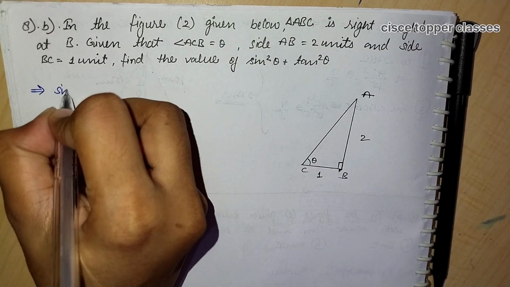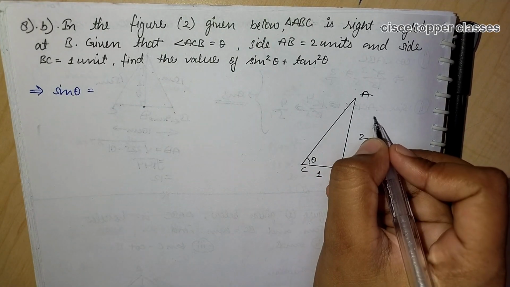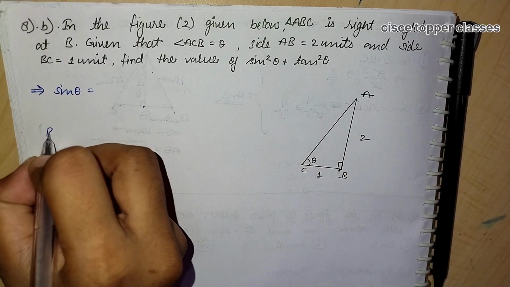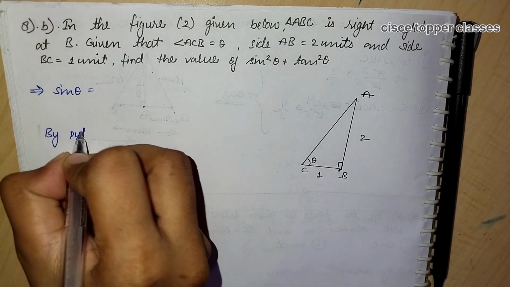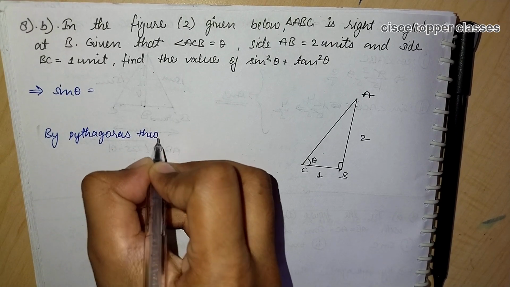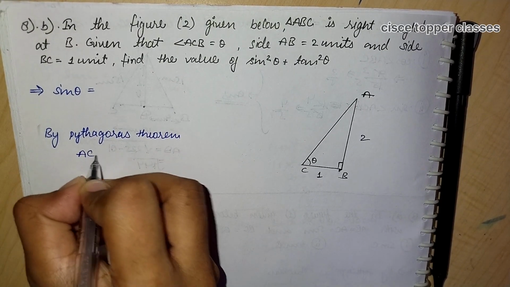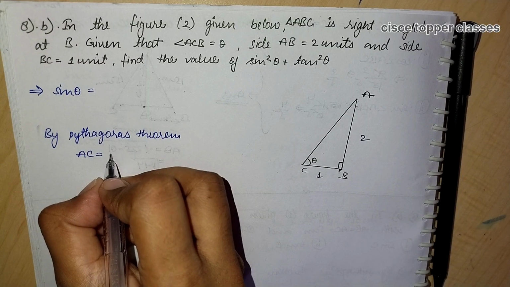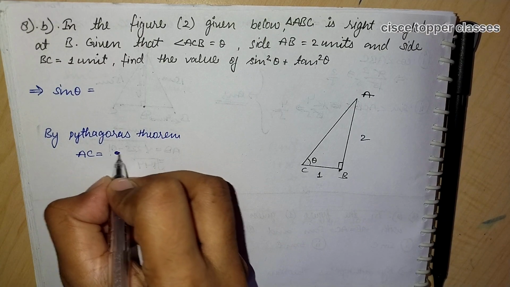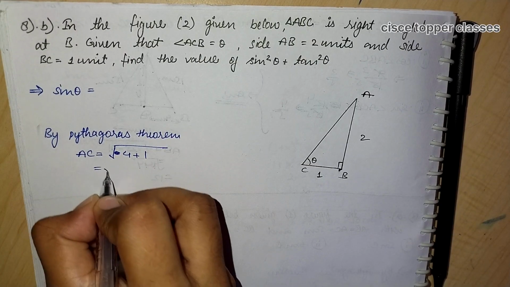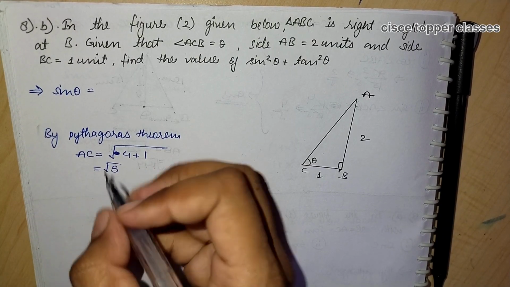So here we can write sin theta as height by hypotenuse. Firstly, in the right angle triangle, by Pythagoras theorem we can find the value of hypotenuse. By Pythagoras theorem, AC will be AB square plus CB square, means 4 plus 1, and we will take the under root, means under root 5 is the value of AC.